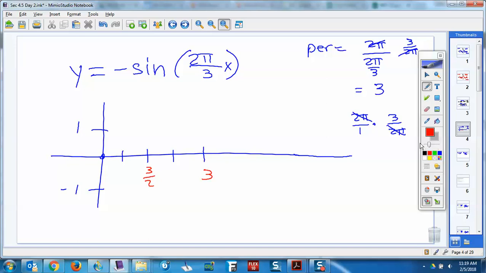Because when you take half, if you have some fraction, a over b, and you take it times a half, the bottom number is times 2. So if you got 3/4, half of that is 3/8. Now, I might reduce then, okay? So to take half a fraction is really easy. You just double the bottom number. So I got 3 over 1, so this would be 3 over 2. This would be 3 over 4, right?